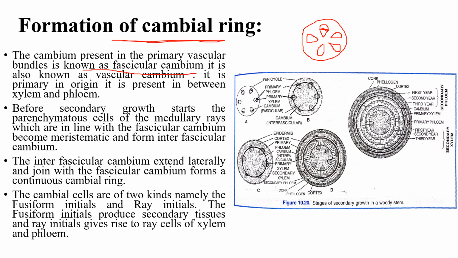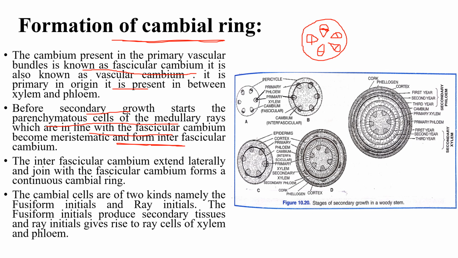It is primary in origin. It is present between xylem and phloem during their primary growth. Before secondary growth starts, the parenchymatous cells of the medullary rays, which are in line with fascicular cambium, become meristematic and form interfascicular cambium. So these are cambium 1, 2, 3, 4 and 5.